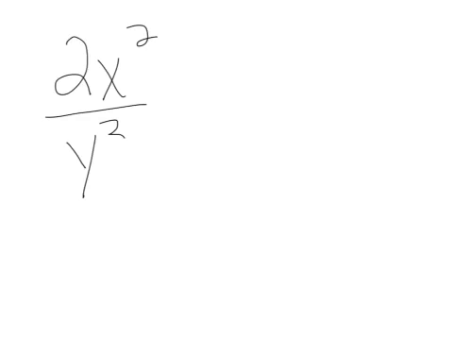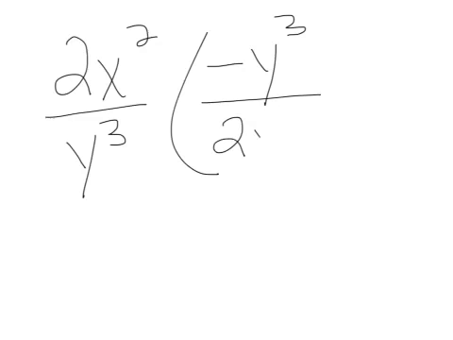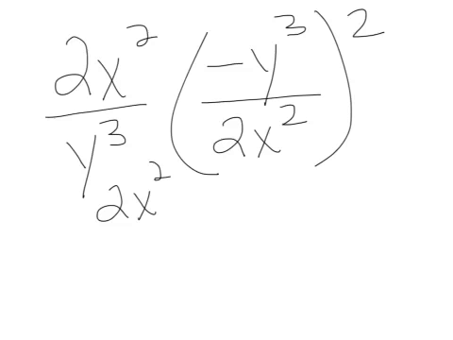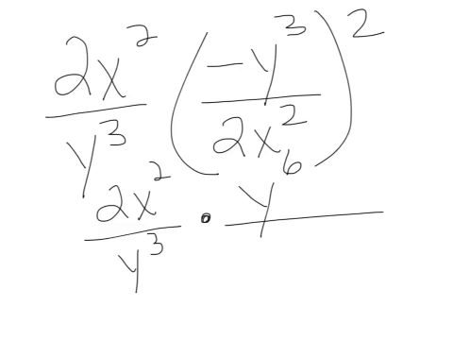Another example is 2x squared y cubed times a negative y cubed over 2x squared all squared. Well, guys, order of operations is still in effect, so I have to do parentheses first. And a negative number squared is positive. And a power to a power we multiply, so it'll be y to the 6th. Remember on bottom, everything has to be squared.